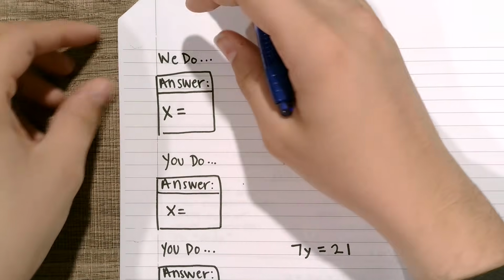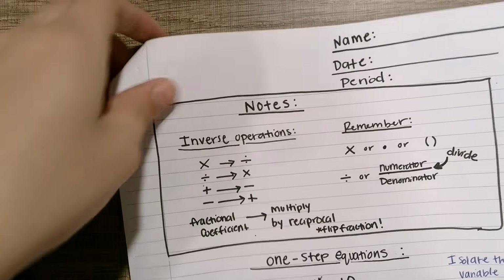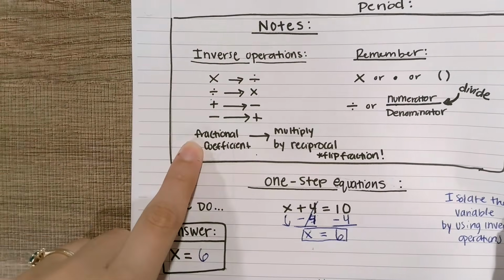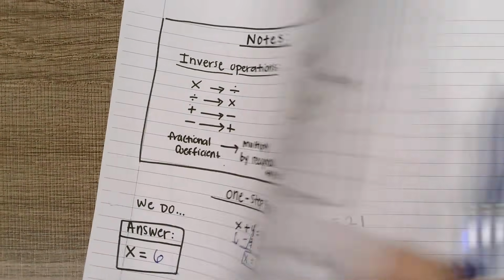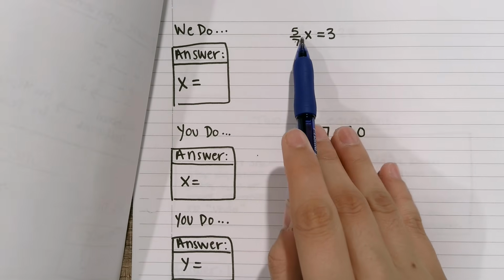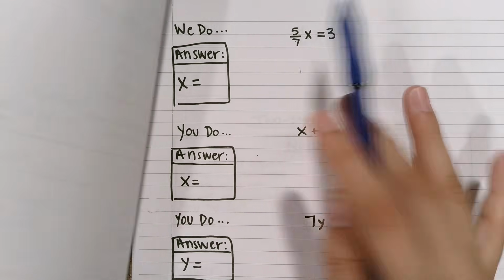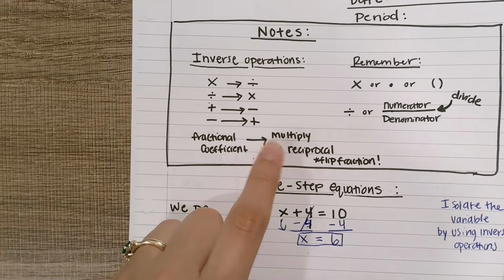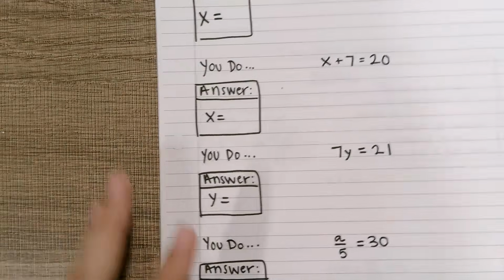If we look back to our notes, we can see that when our coefficient is a fraction, in other words, when the number being multiplied by the variable is a fraction, we're going to multiply by the reciprocal. So we need to flip it in order to do that inverse.